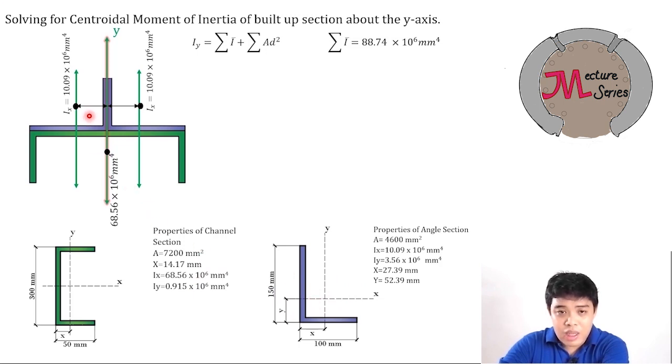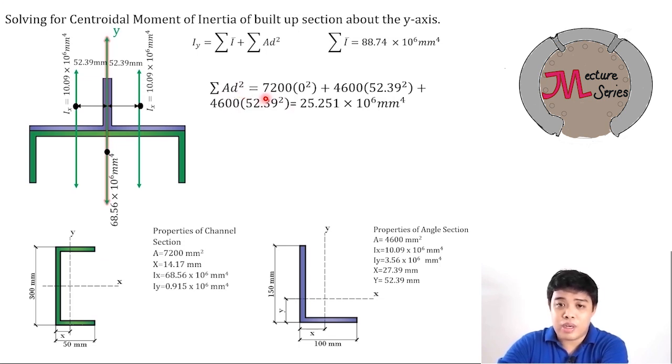Since you rotate the angle bar 90 degrees, this distance now will be the distance y, which is 52.39. The centroid of the other one is just symmetric on the right side, so this one is also 52.39. The centroid of the channel bar coincides with the centroid of the whole built-up section, so the distance for the channel bar is 0.